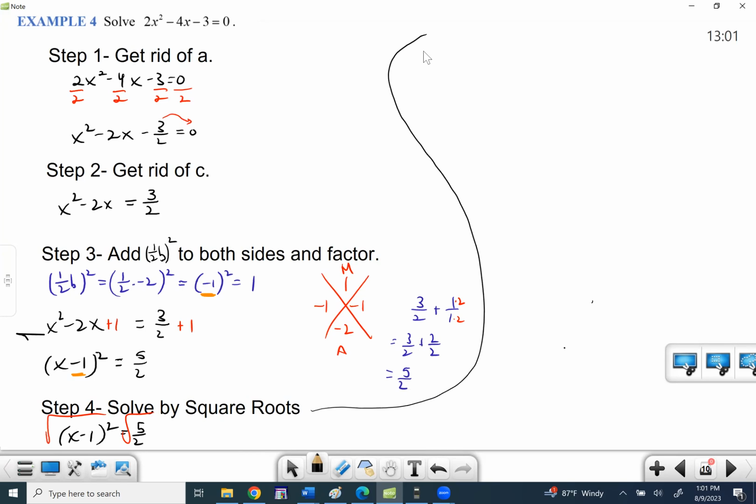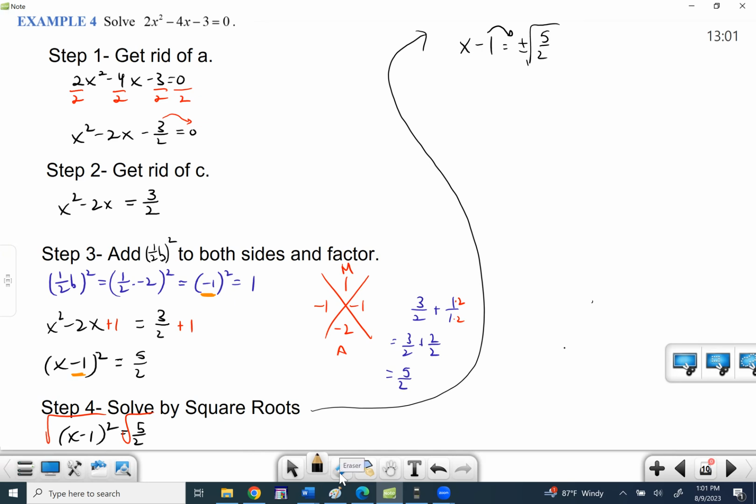Okay. All right. So where'd my arrow go? There it is. It's back. Okay. So then that's going to leave us with x minus 1 equals plus or minus the square root of 5/2. All right. So now we just need to move the 1 over, right? Oops, I forgot the square root over this guy, right?